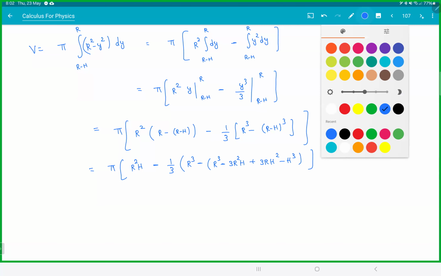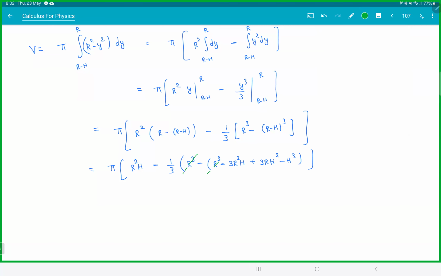R cube will cancel. This guy will go off. This would be r square h. That minus will multiply. You end up with r square h plus r h square minus h cube by 3.